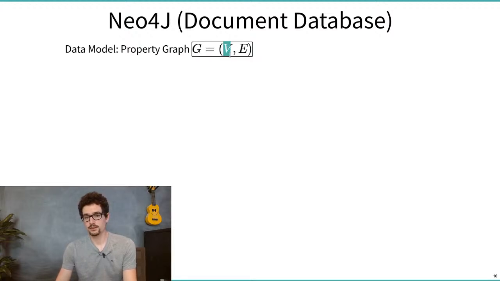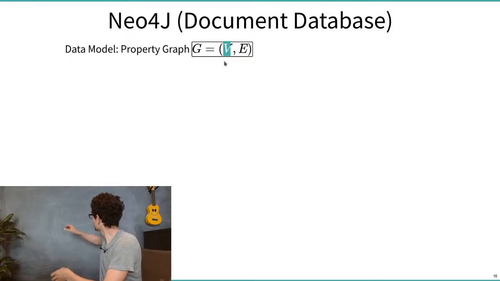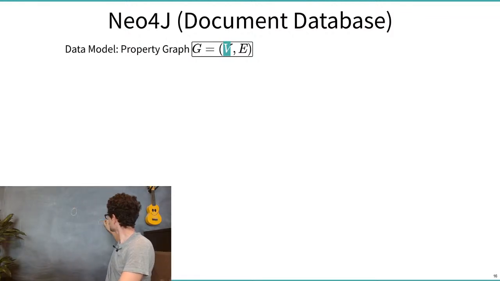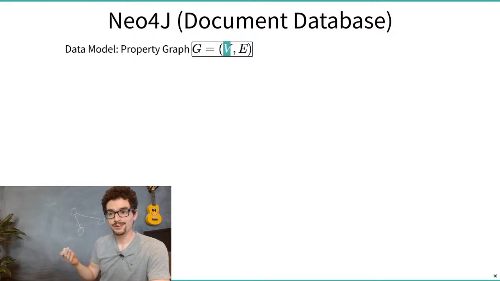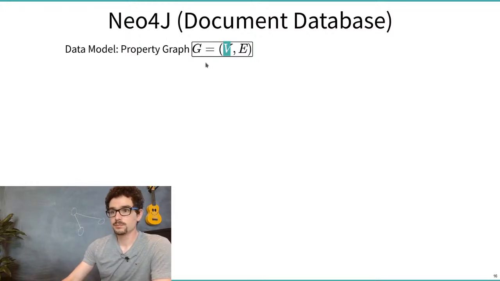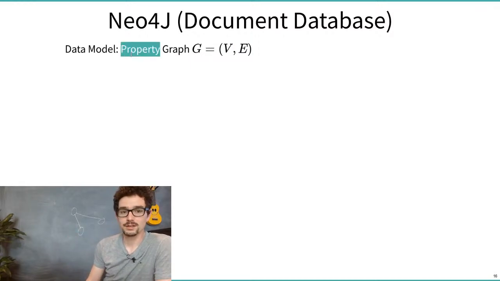A graph has vertices. This is a vertex, this is a vertex, this is a vertex, and edges. Edges connect vertices. And these are graphs in math. In a graph database, we have property graphs.